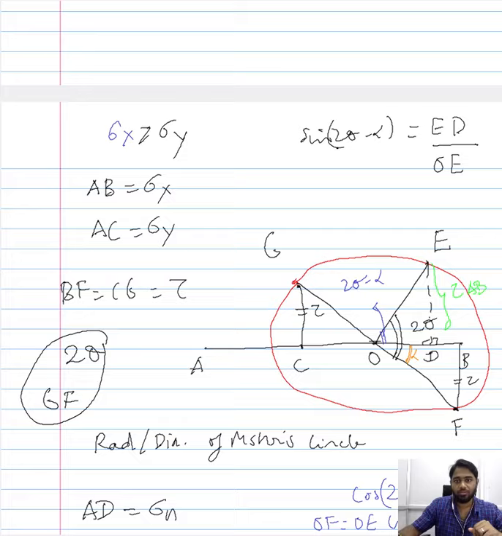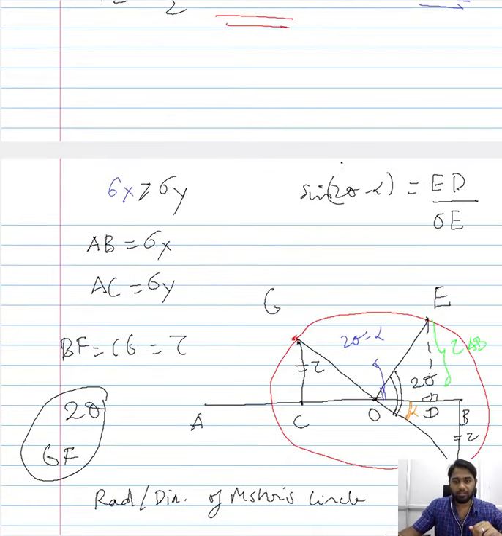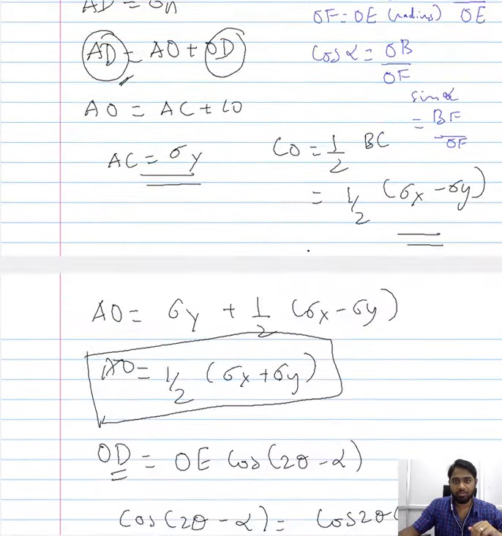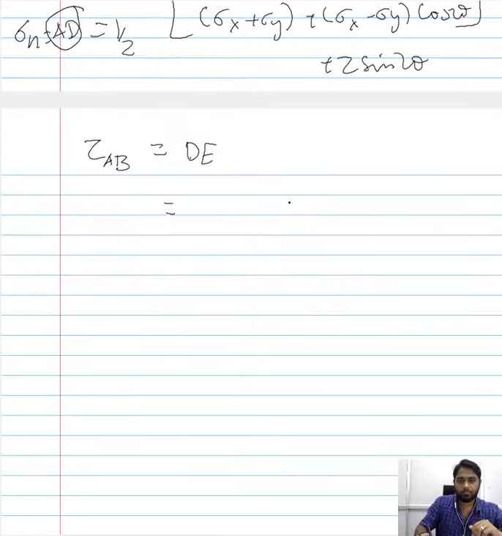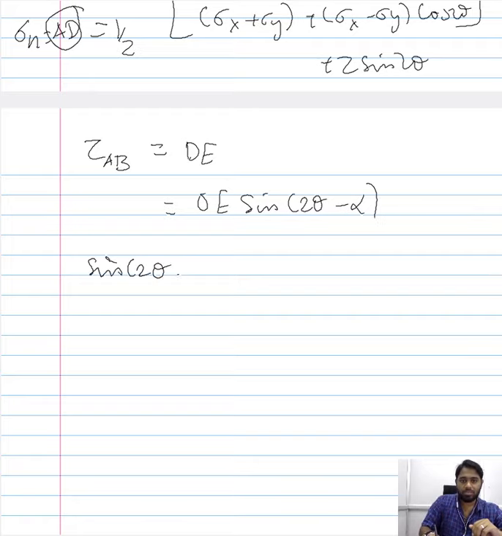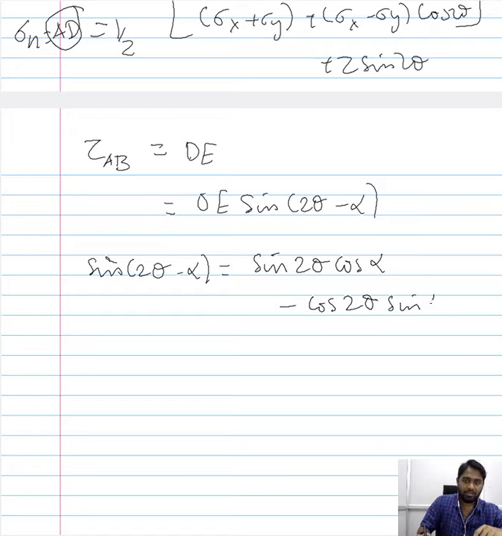So when you bring this here, the shear component of stress acting along the region AB, which is equal to that of ED in the Mohr circle case, is nothing but OE sine of 2 theta minus alpha. Now the sine of 2 theta minus alpha can be expanded as sine 2 theta cos alpha minus cos 2 theta sine alpha. This is the trigonometric expression for expanding sine of 2 theta minus alpha.